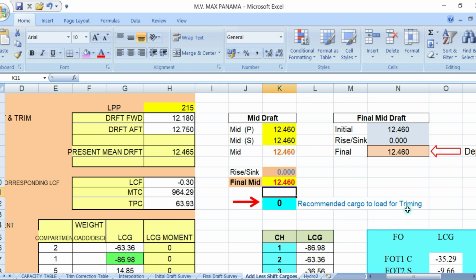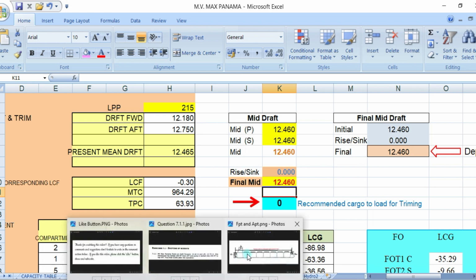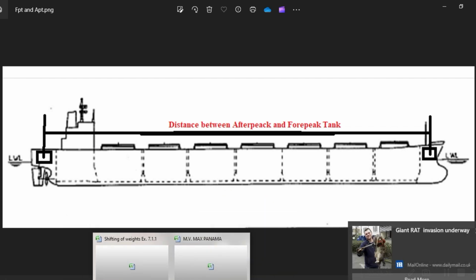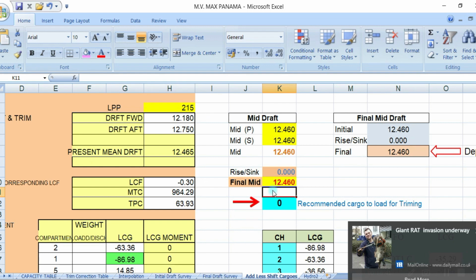Now, why I explain the figure is because you have a mean draft of 12.465.